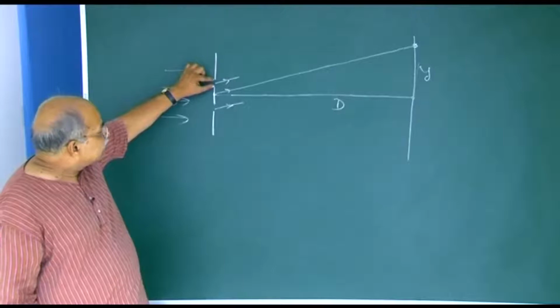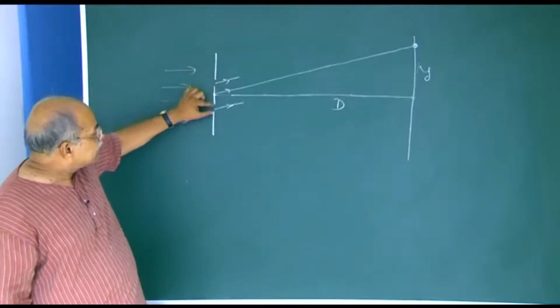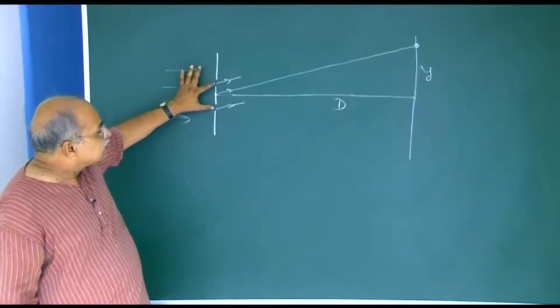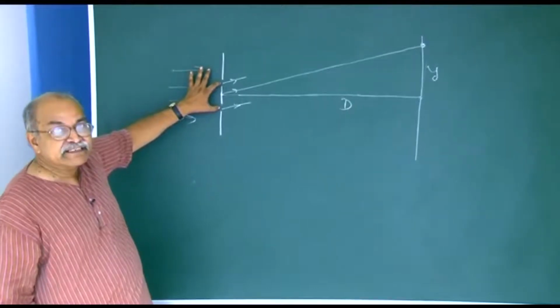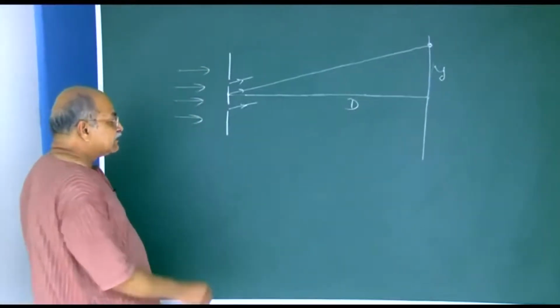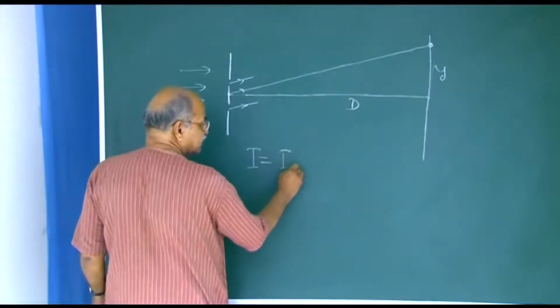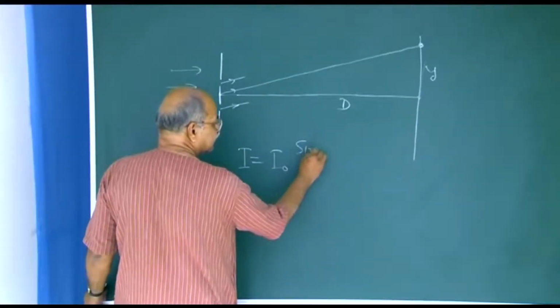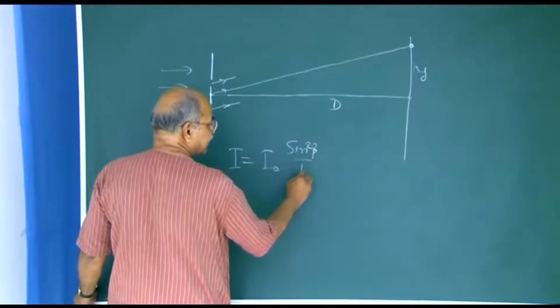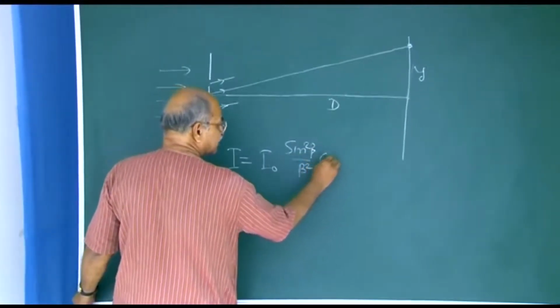One is the width of the slit, this one and this one, and then the separation of the slits, and it is given by I = I₀ (sin²β / β²) cos²γ.